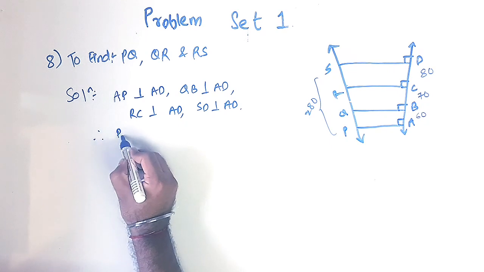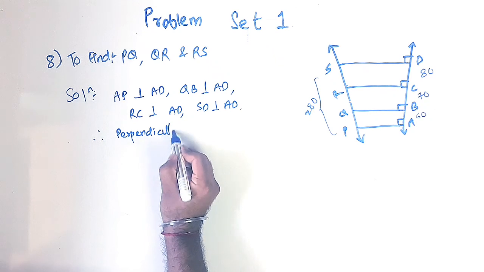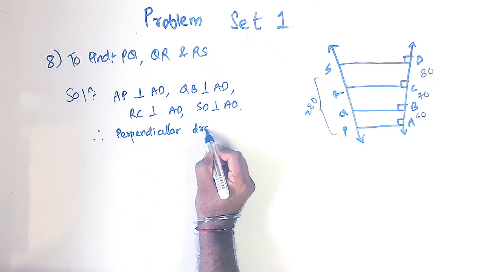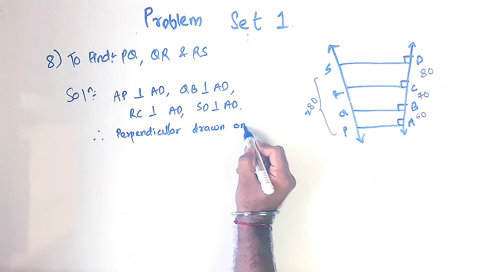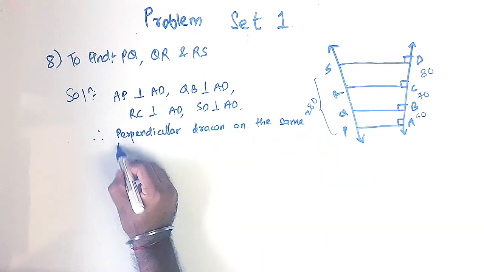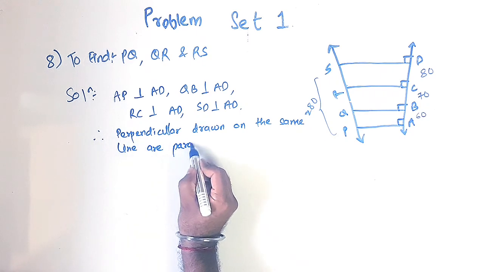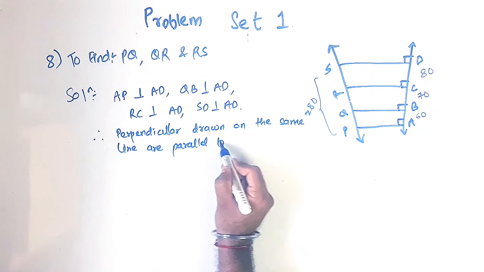Therefore, perpendiculars drawn on the same line are parallel to each other.